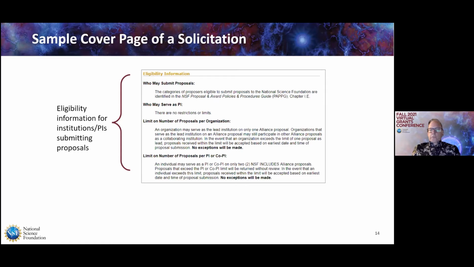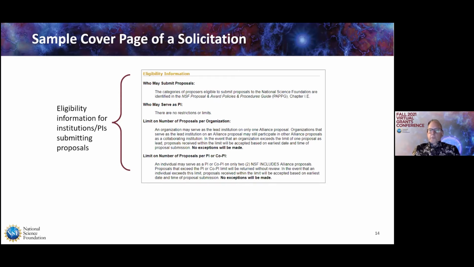So for the first case, who may serve as a PI, there are no restrictions. We rely largely on the institutions to determine who is eligible as a PI to submit proposals at that institution. So definitely work with your sponsored projects office to find out whether or not, if there's a question, you as a PI are eligible to submit a proposal.